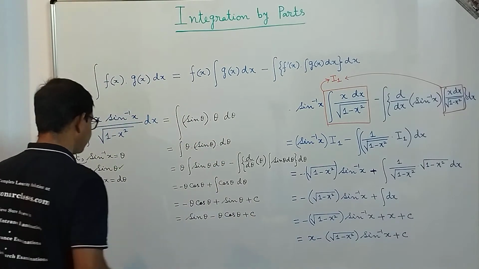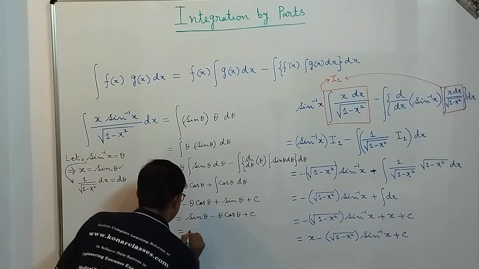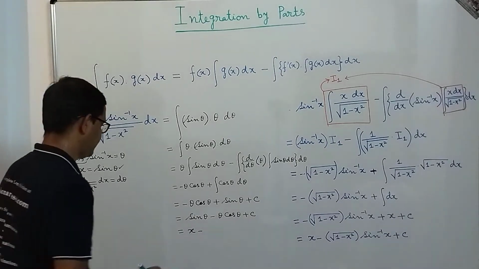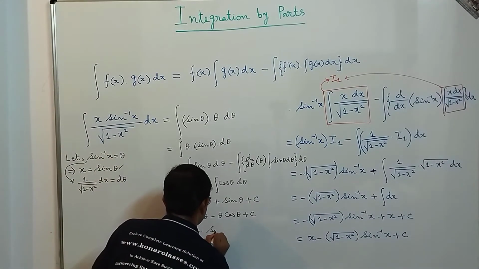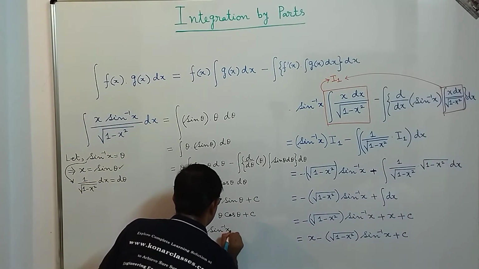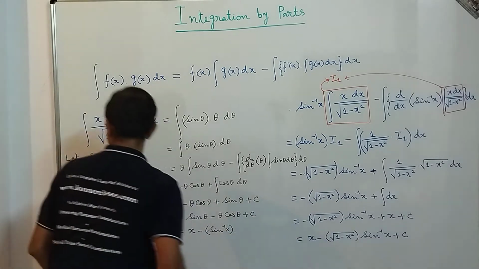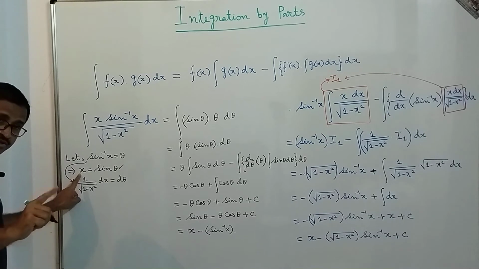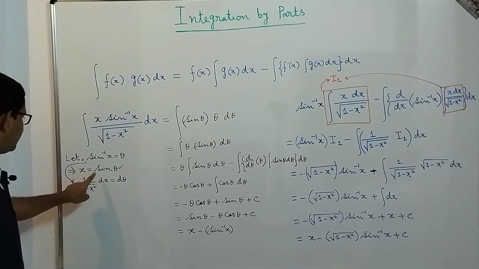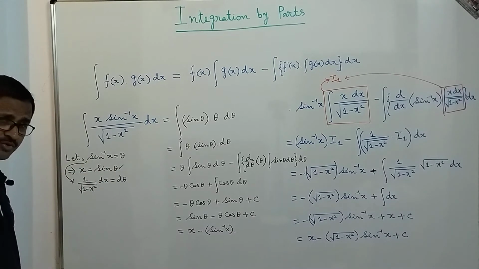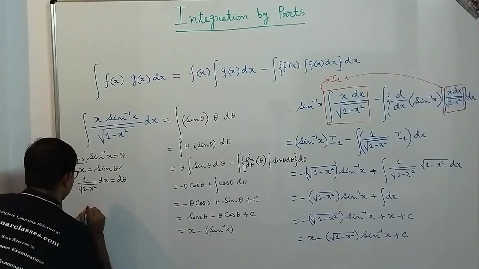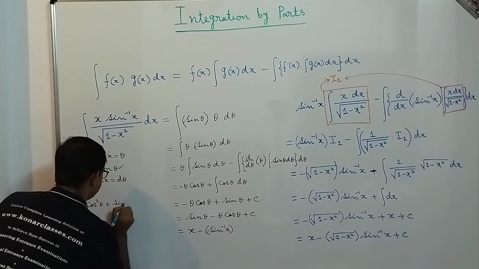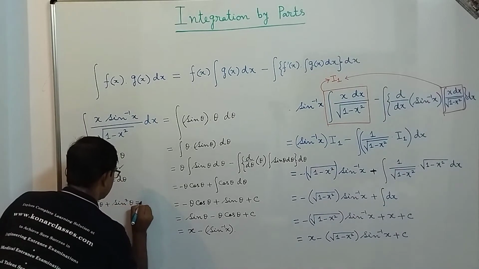So what is sin theta? Sin theta equals x, minus theta, which is sin inverse x, into cos theta. If sin theta is equal to x, then what should cos theta be? Square root of 1 minus x square, because sin square theta plus cos square theta equals 1.